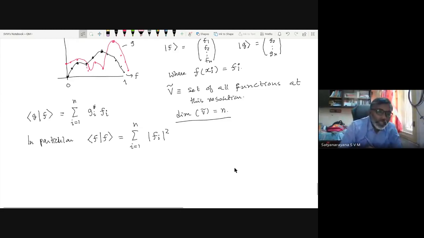Now let us say that we can improve the resolution. Let's say that I get more money and I buy a better computer, and I get the information at those in-between values also, where I did not have information earlier.